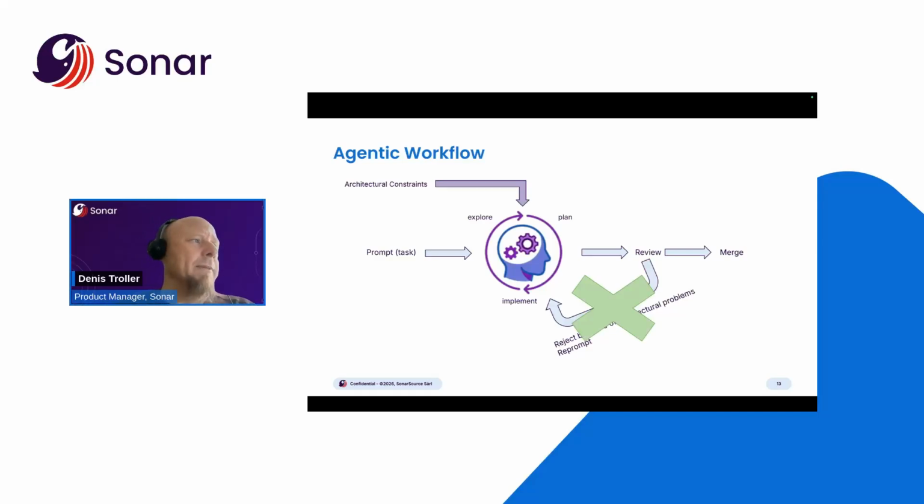So how do we solve that problem? Well, we still have the same basic workflow because an agent doesn't change. The main difference is that on top of the prompt, we inject information about the architectural constraints. And by doing so, we prime the agent to generate its answer within the constraints that we give it.